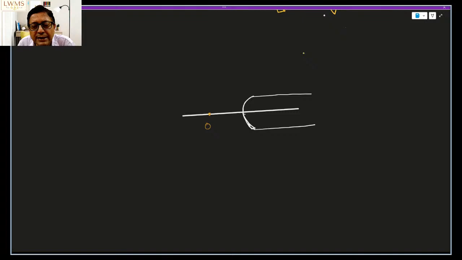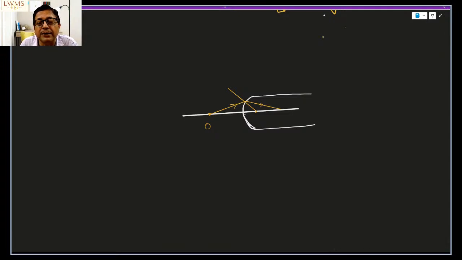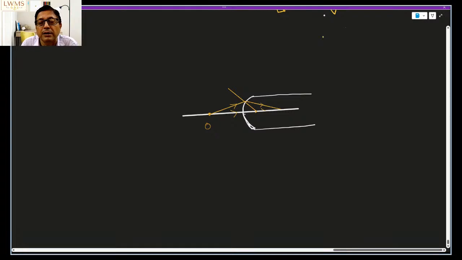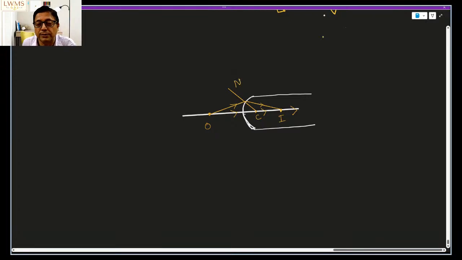Then send a light ray in this manner, then the normal. Yesterday, in the last class, I told you so many times. The refracted ray goes this way, and send another ray this way. This also meets at this point only. So this is going to be the image, and this is the center of curvature, this is the normal.